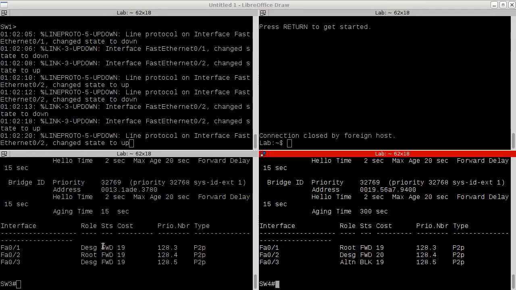And so this switch is the one that's deciding to forward, through here and here. So we have a cost issue here, that's why.